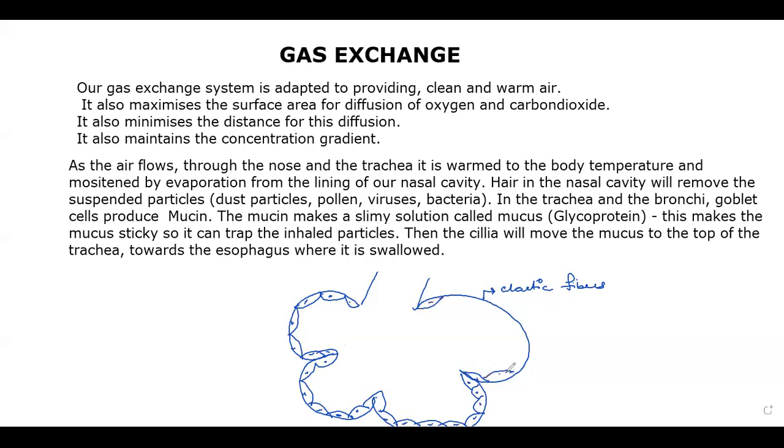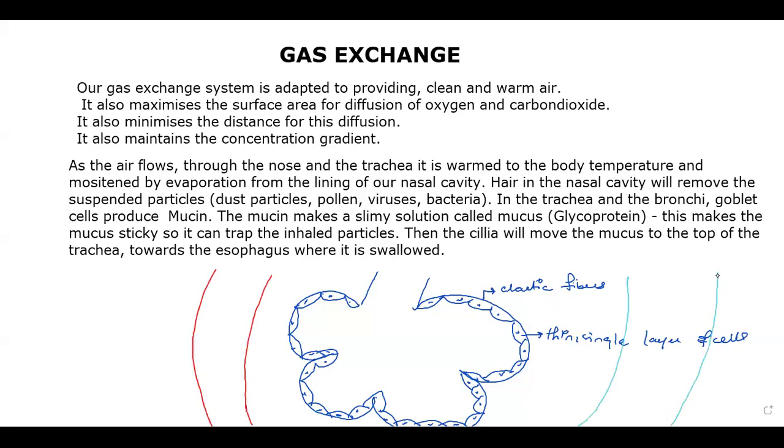Why does it have such a single really thin layer of cells? The reason is to reduce the diffusion distance. To reduce the distance that carbon dioxide and oxygen need to travel as they go between your capillaries and the alveoli, right? This is my capillary and this is my vein. Okay.